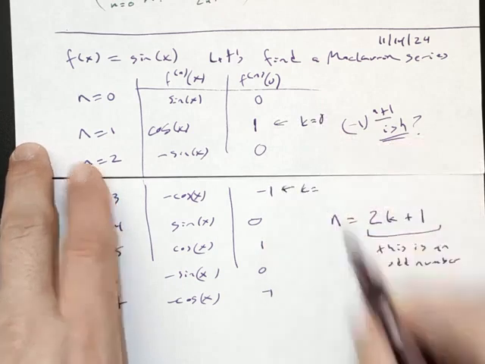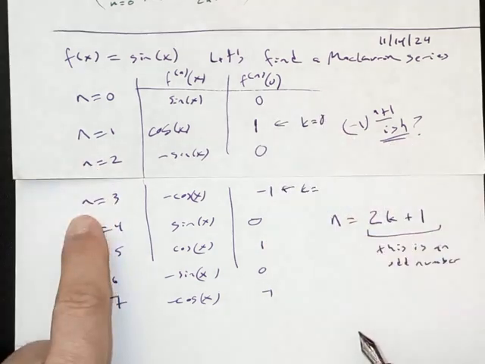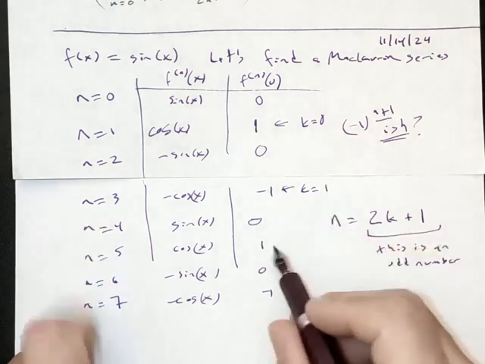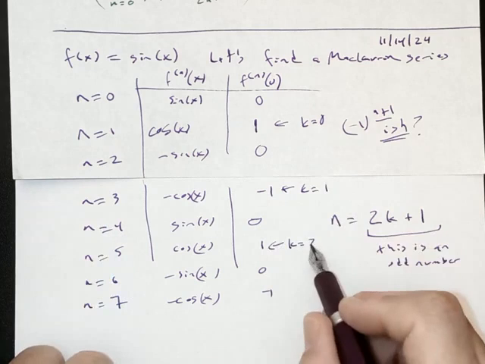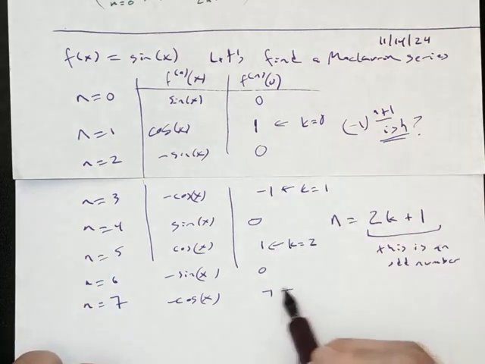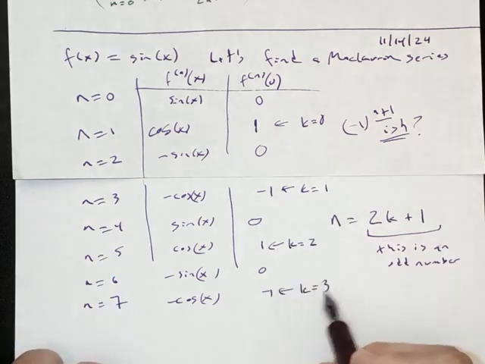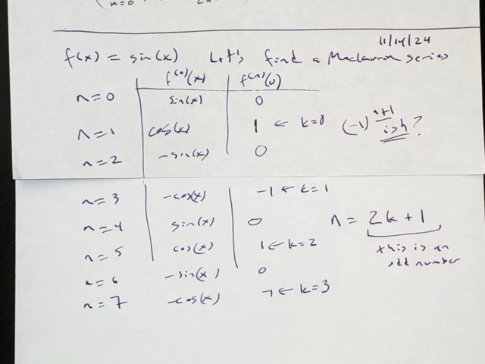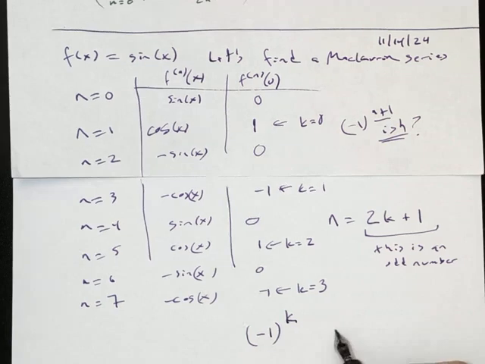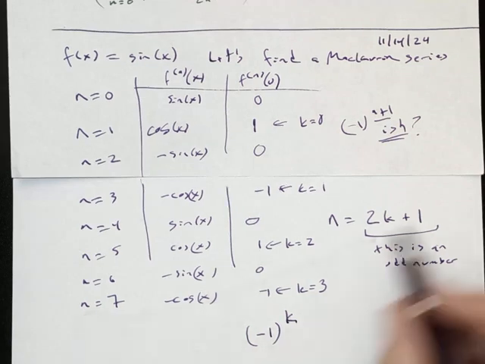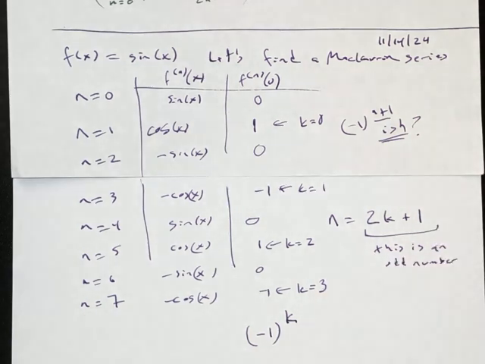And here, what's the value of k? And here, k is 2. And here, k is 3. So if I think of my flipping back and forth in terms of k, I want to do minus 1 to the k to go with my n value being 2k plus 1.